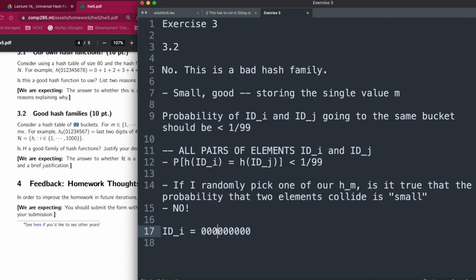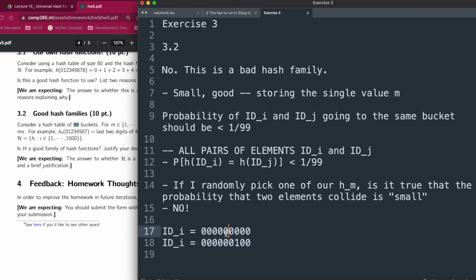Let's say I have ID 1, 2, 3, 4, 5, 6, 7, 8, 9. So ID 0, 0, 0, 0, 0, 0, and then ID 0, 0, 0, 1, 0, 0.